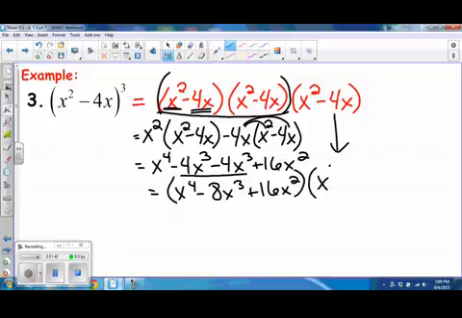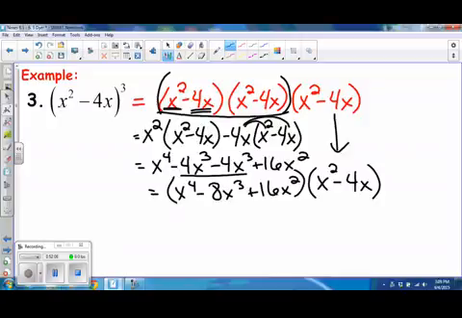Times x squared minus 4x. And then we do the same thing again. What's the first thing we distribute? The x to the 4th. I'm going to multiply that times x squared minus 4x.